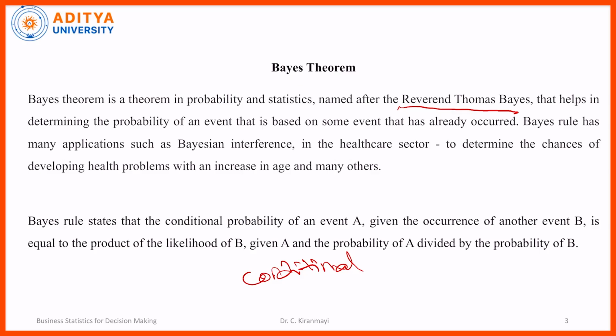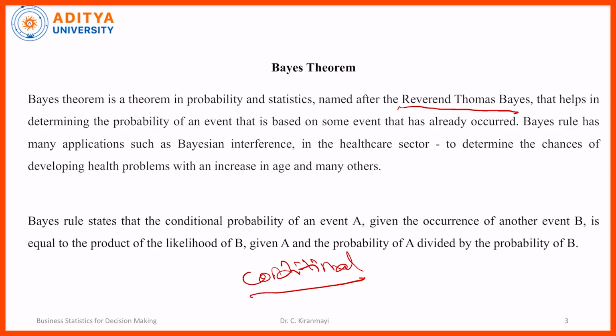Conditional probability means the occurrence of an event in relation to the happening of another event. A particular event happens if and only if, or in connection with, the other event. In such a case, the probability is called conditional probability. So, this is the basis for Bayes' theorem, and using it we are going to compute this conditional probability.